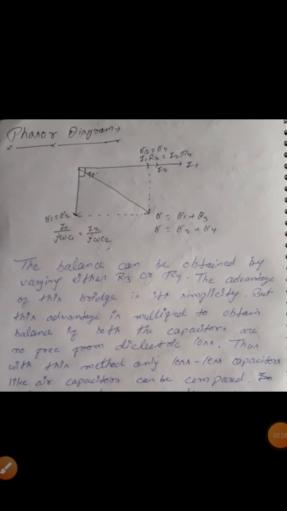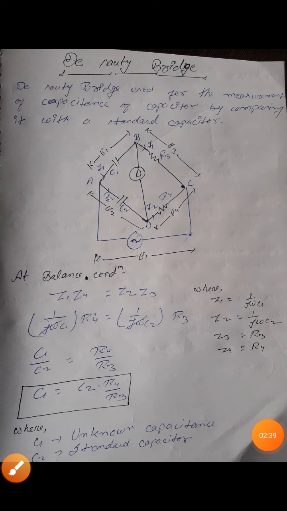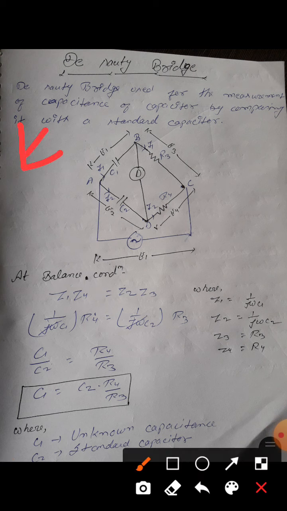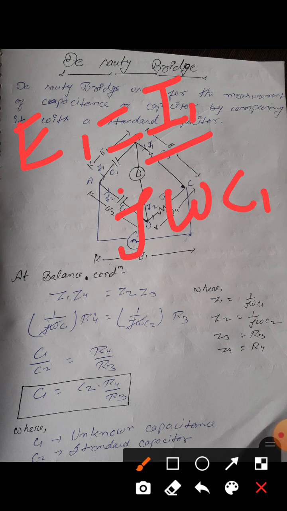Now I am going to draw the phasor diagram. We take the current I1 as a reference. Branch AB has capacitor C1 and current I1. So the potential difference E1 is equal to I1 upon j omega C1.